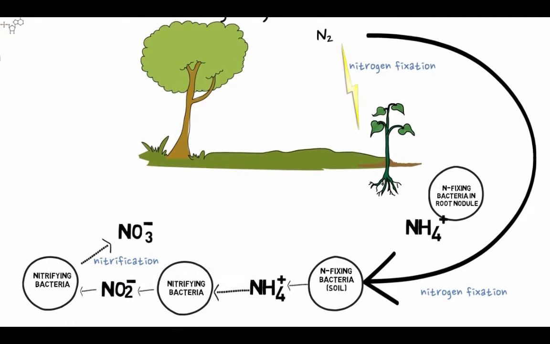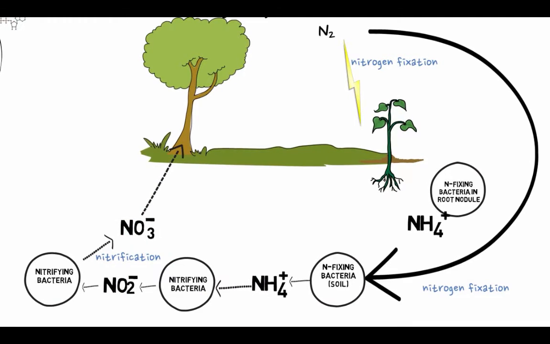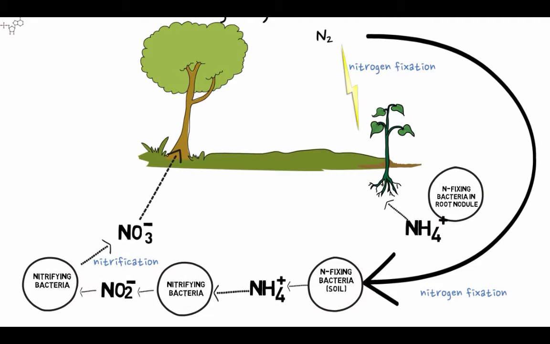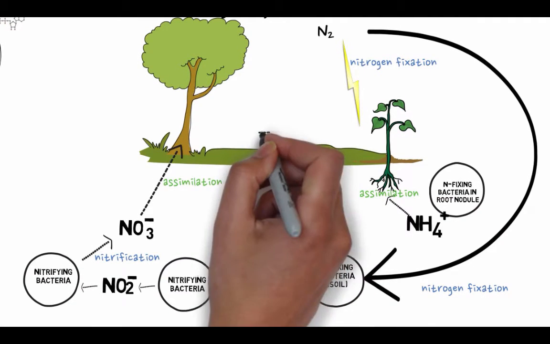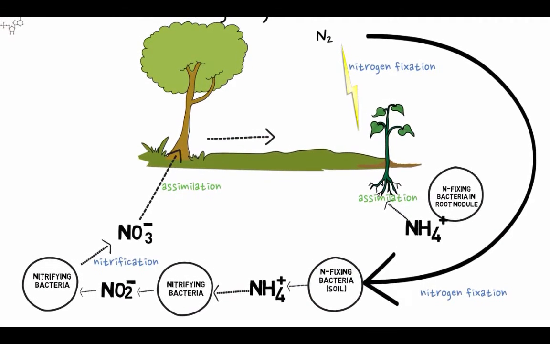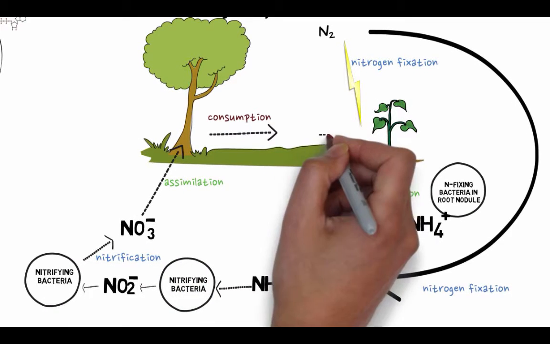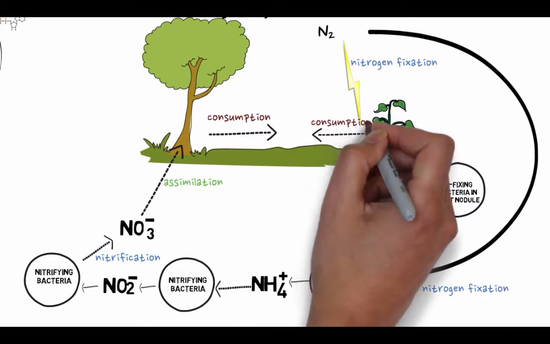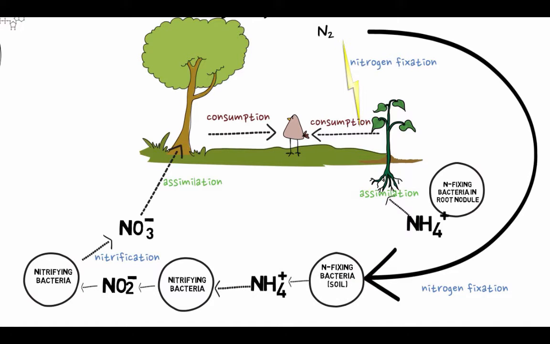Now that the nitrogen is in a form plants can use, the plants will take in the nitrates, or the legumes will take in the ammonium through the roots, and they'll assimilate it into their cells, making amino acids and proteins. As the plants are eaten by animals and the food chain continues, the nitrogen is passed from one organism to the next. This is consumption.